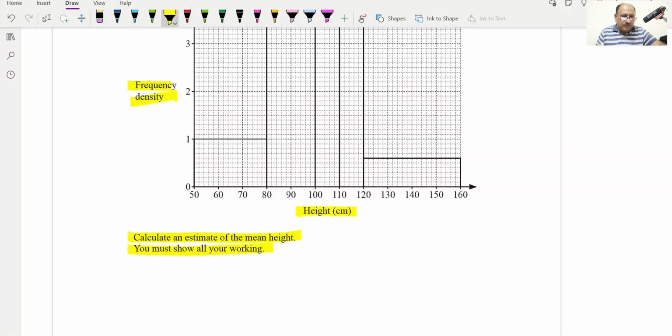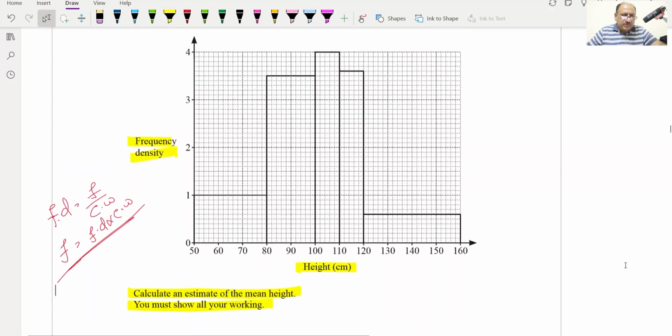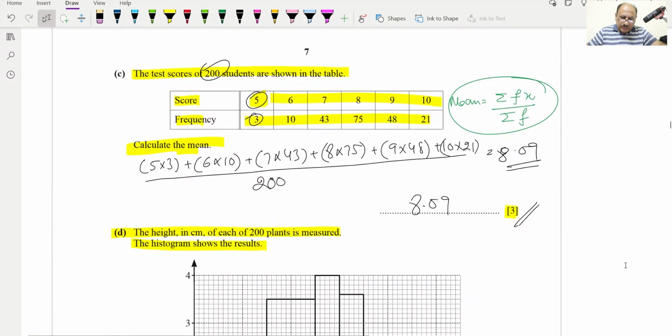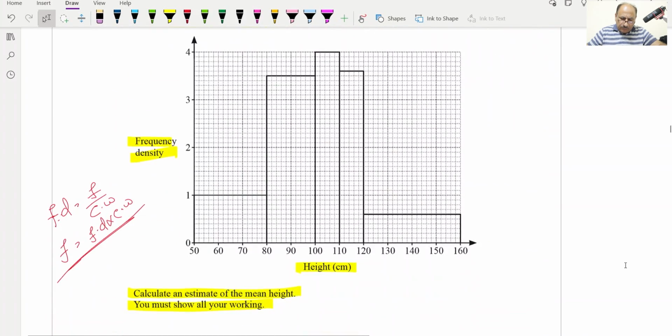So first of all, we know that frequency density is equal to frequency divided by class width. So frequency will be equal to frequency density into class width. So these are the relations which we'll be using, and from 50 to 80 we can check this one.